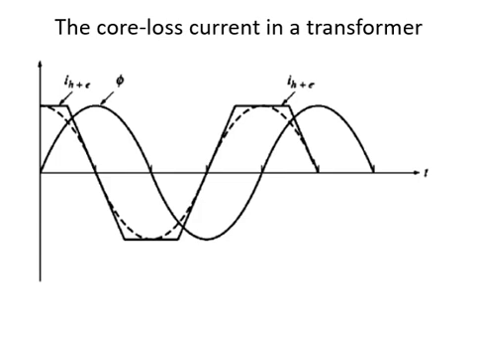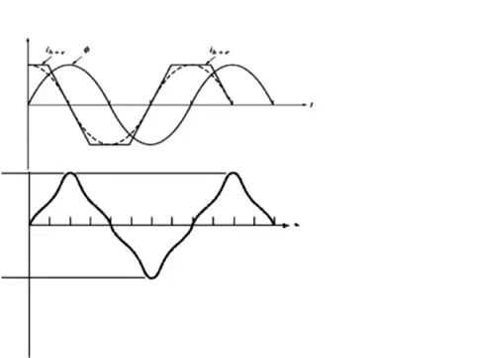So this is the current which makes up for the hysteresis and eddy current losses, and in this case we know that the main current in the coil would be the summation of this current ih+e and I of m. So now the top figure shows I of h+e and the lower figure shows I of m.